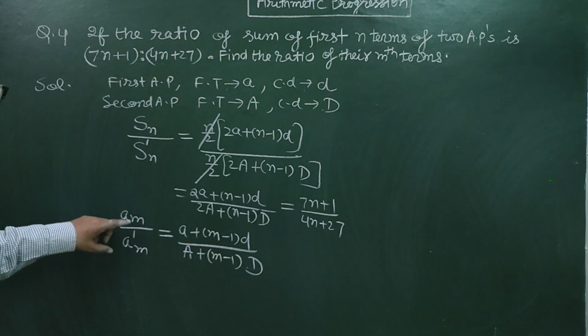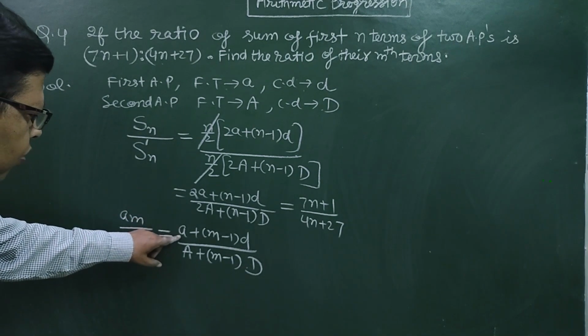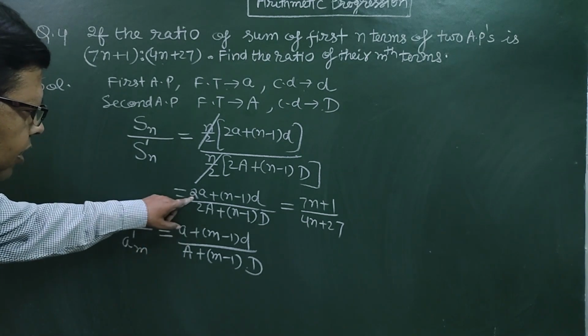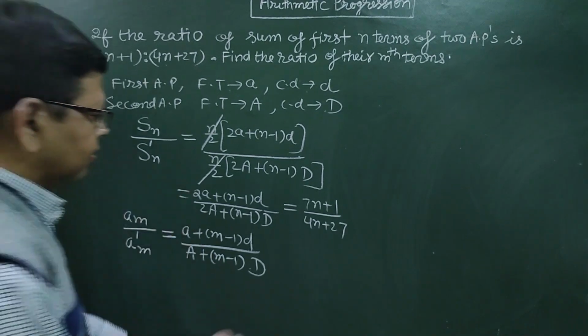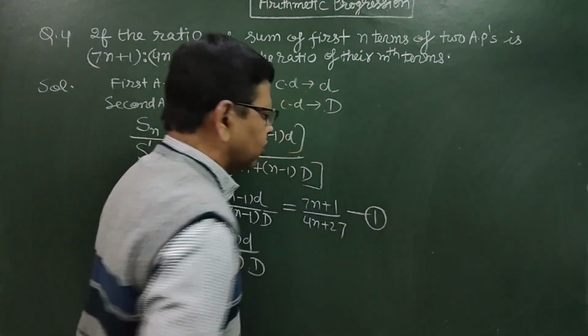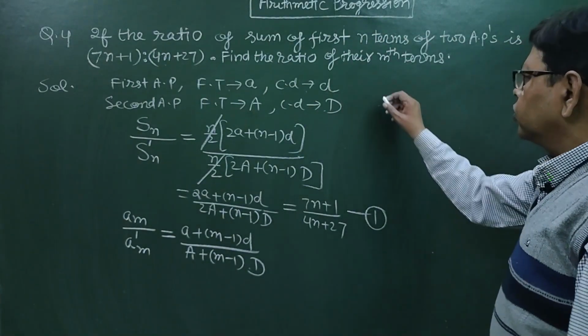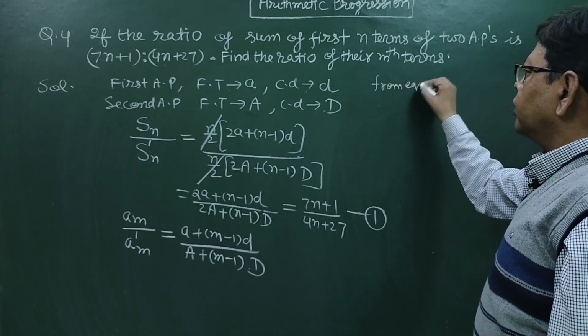Now if we want the ratio of these two terms in this form, here the coefficient of a is 1 and the coefficient of capital A is also 1, but here we have the coefficient as 2a. So in this first equation, if we take 2 common, it can be brought into this form.